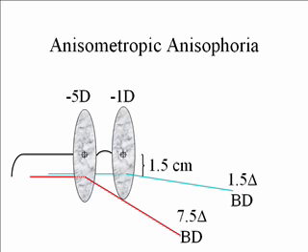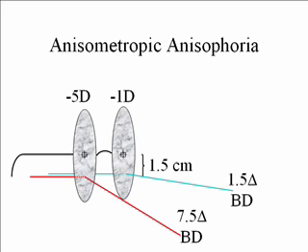One would be to say that the induced prism is equal to 6 prism diopters base down OD, or we could say, equivalently, that the total prism that's induced is 6 prism diopters base up OS, and they're equivalent descriptions of the same situation. Now, had the prism induced in the left eye been, let's say, 1.5 prism diopters base up, then the difference between the two would be additive in the sense that it would be a total of 9 prism diopters rather than 6. But that's not the case here.